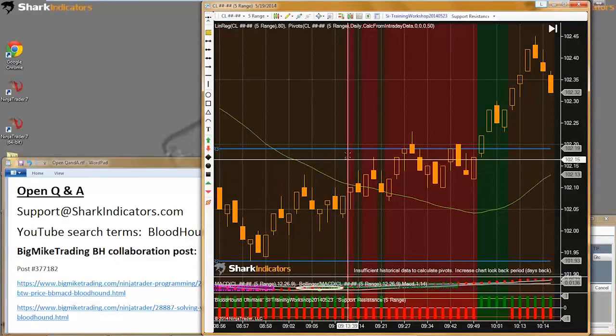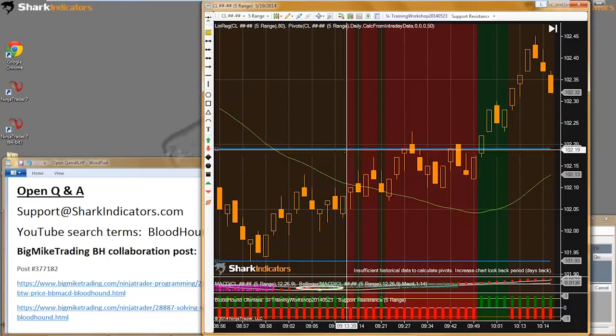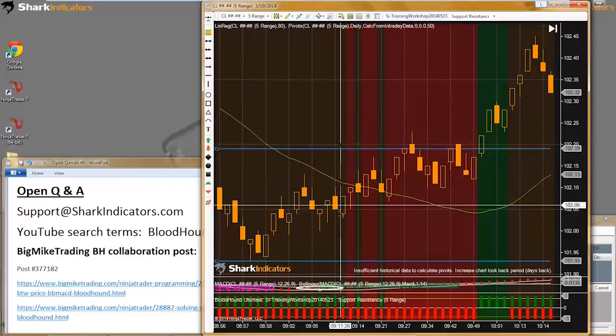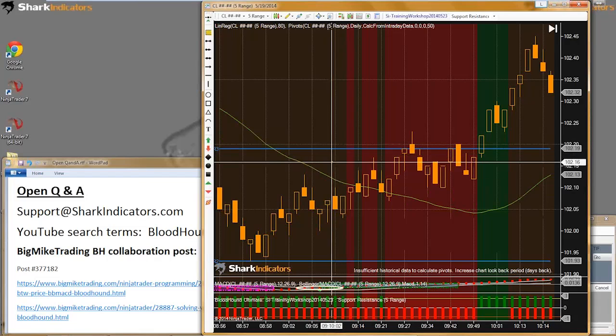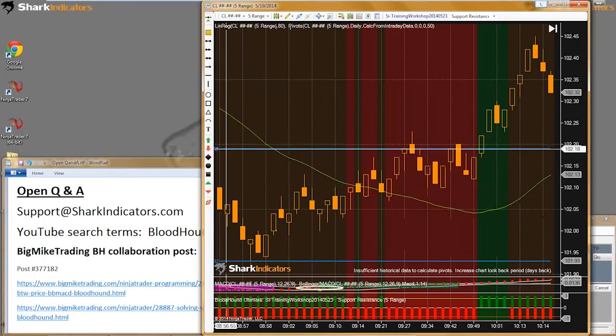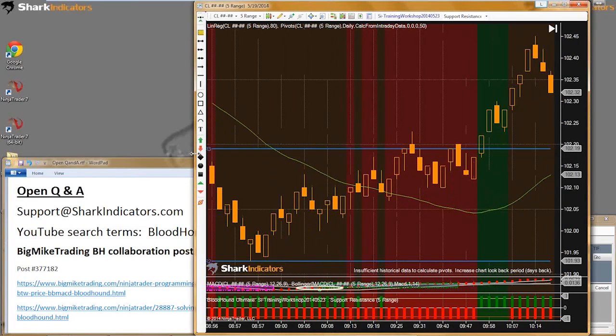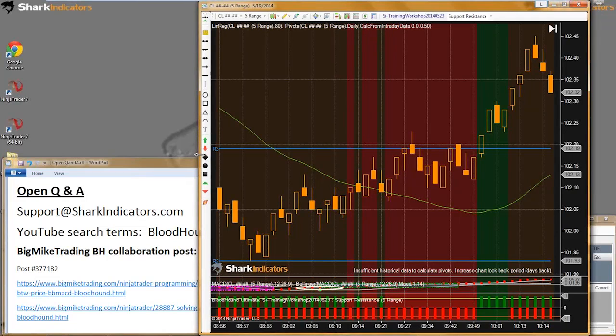All right, so what it did is when we set the support resistance solver to this 10 tick distance, it kind of created a zone around our R3 line here. There, we pull this out. So it created this 10 tick zone around the R3 line. And let me draw a 10 tick offset here.